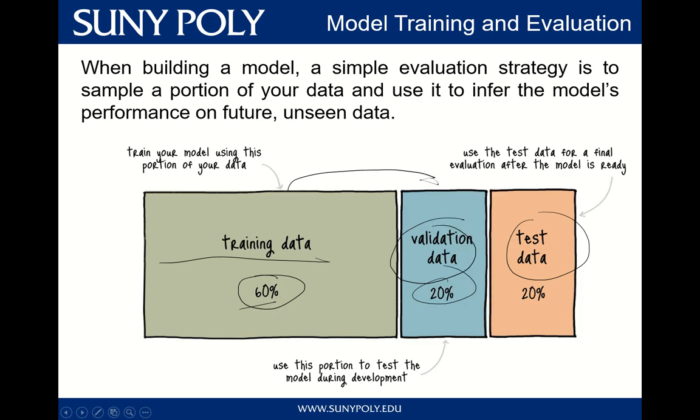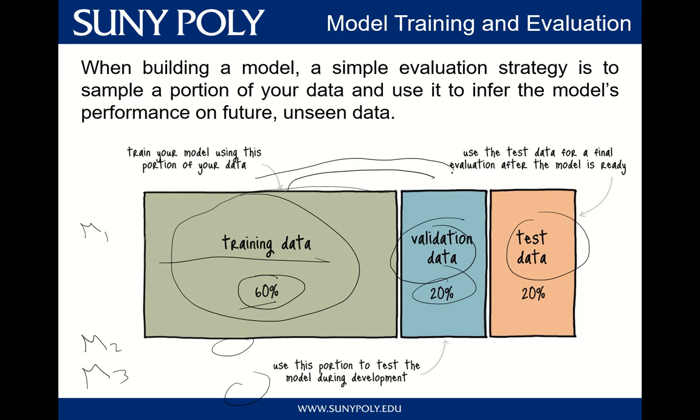And imagine that you want to test 3 different models. Model 1 can be a linear regression. Model 2, a regression tree. Model 3 can be a support vector machine or a random forest. So you train each model with the training data, the same data set, right? So you get 3 models. And then you can validate each model in the validation data.